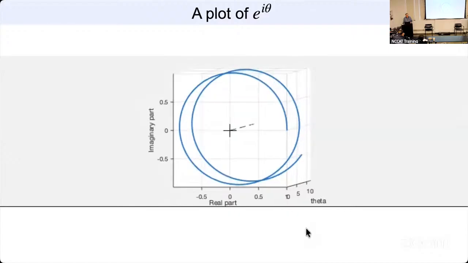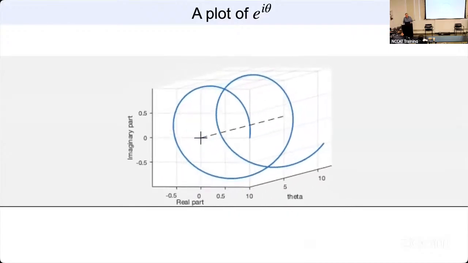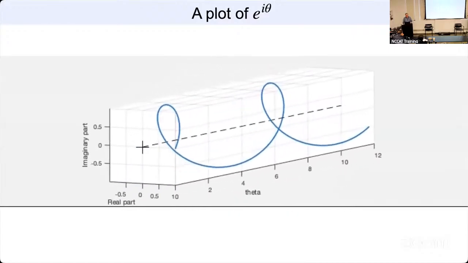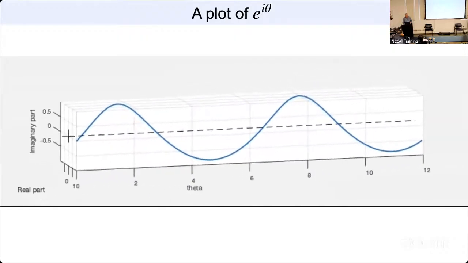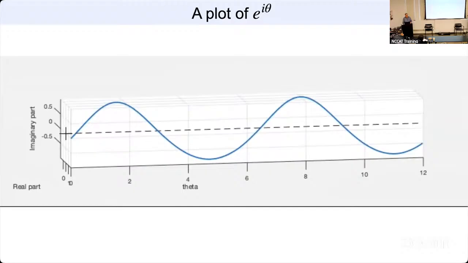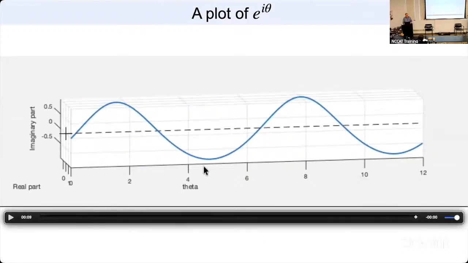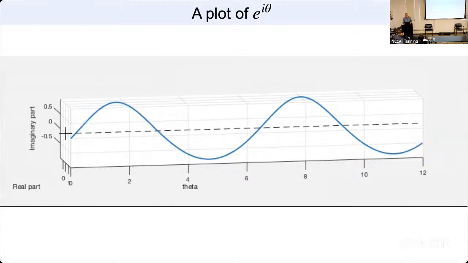It's a circle, but if we then plot it as a function of the angle theta, you can see that it's actually a helix. Here we are viewing it where we can see the imaginary part, the sine function.